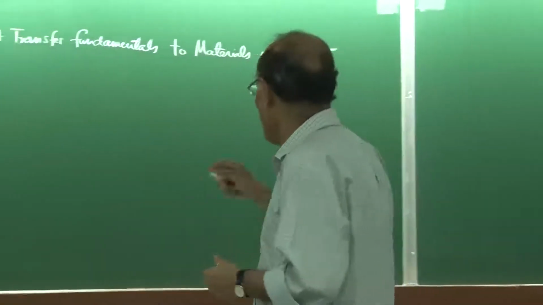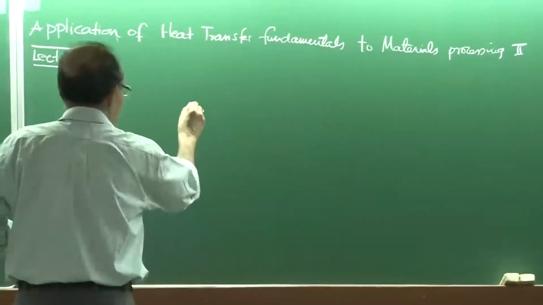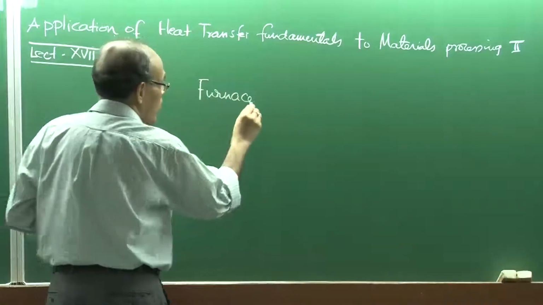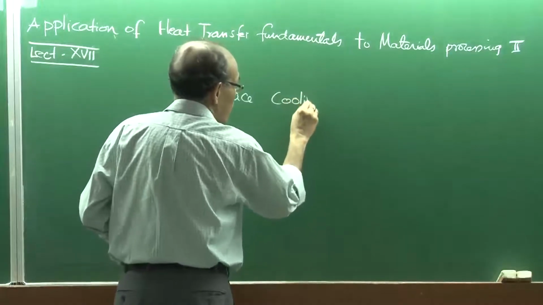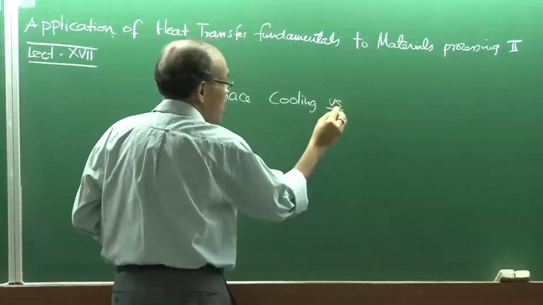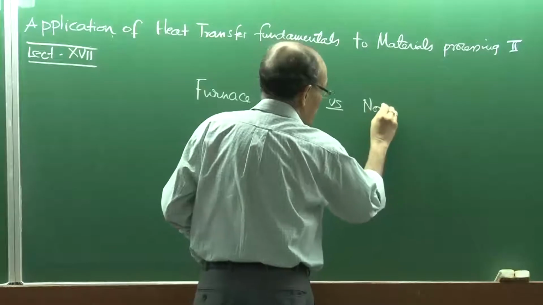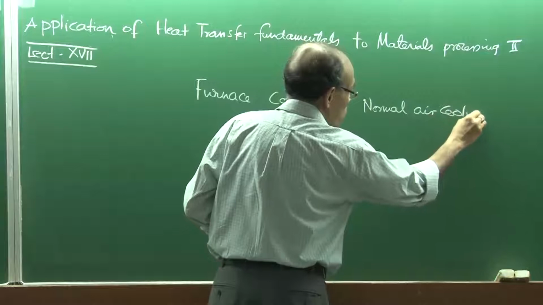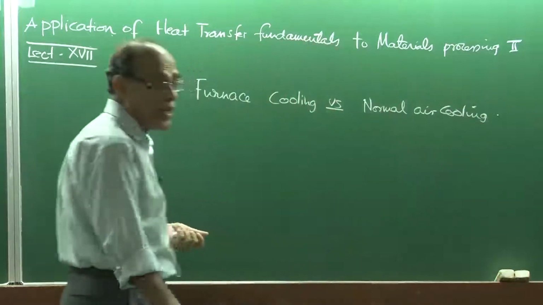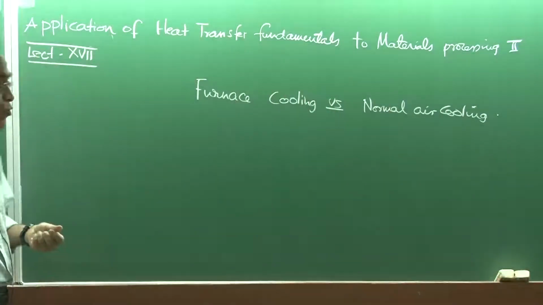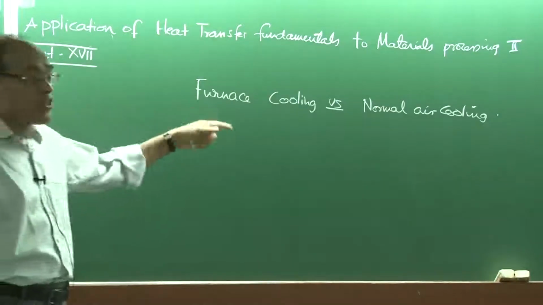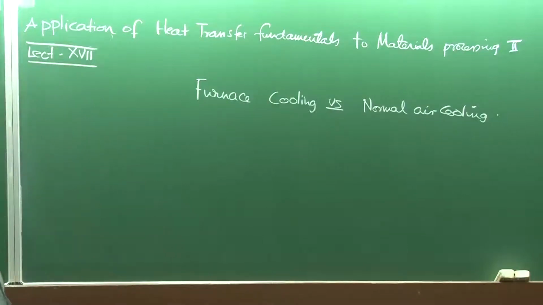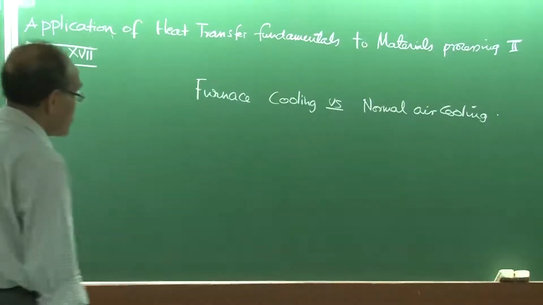Now, before I move on to the next, I would like you to note that, for example, if you say furnace cooling versus air cooling, as it is done in the case of normal air cooling, if you try to distinguish these two processes, as it is in the case of annealing and normalizing operations, which you normally encounter or frequently encounter in metals processing.